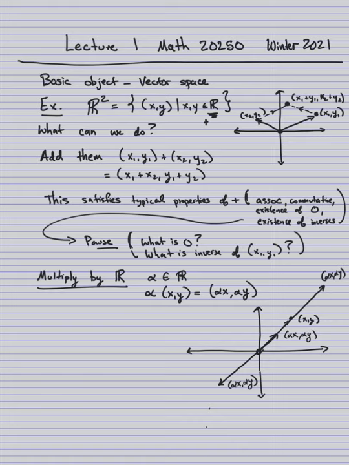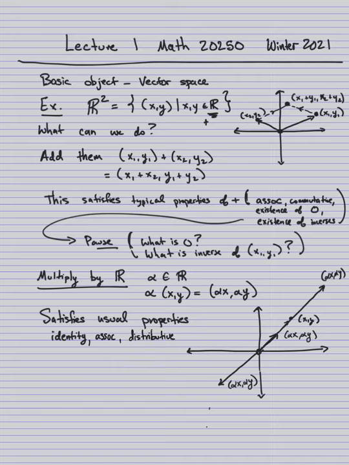Okay? And it satisfies, again, the usual properties, which you just get from multiplication of real numbers. I'm not going to write everything out, but there's again an identity, which is when you multiply by 1. It's associative. It's important that it's distributive.